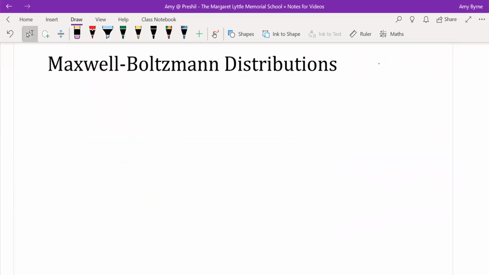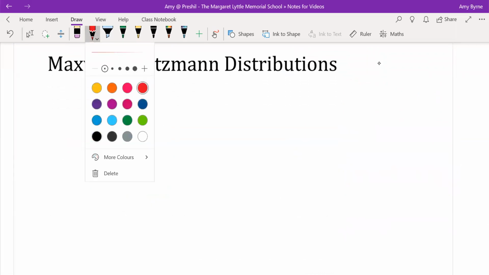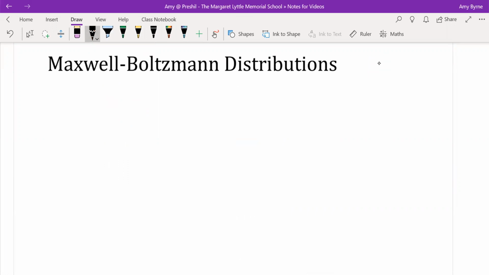So let's talk about Maxwell-Boltzmann distributions. Get used to drawing these. You will either be asked to draw a Maxwell-Boltzmann distribution or a reaction profile. Basically you can put money on that one.